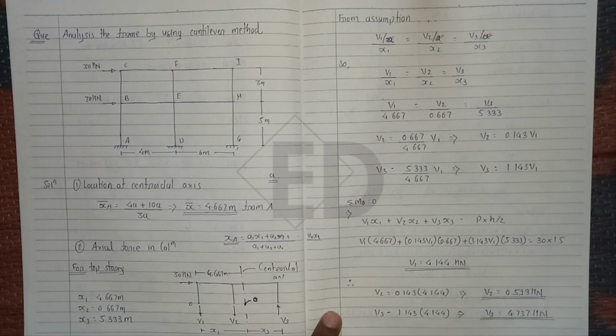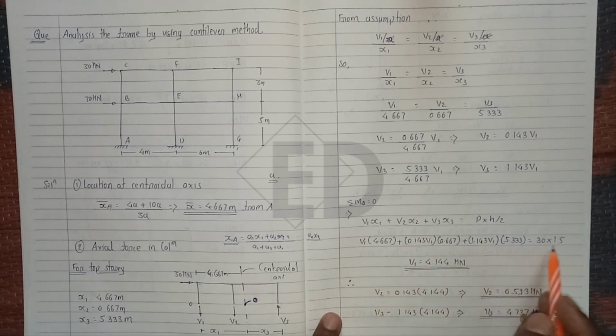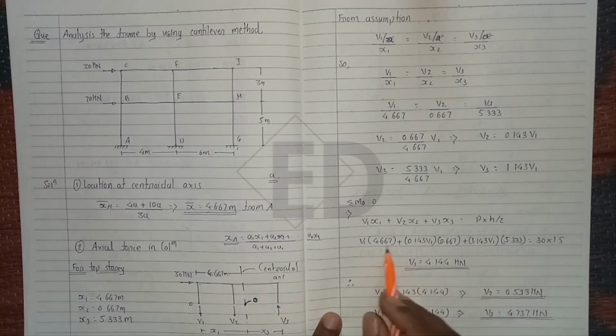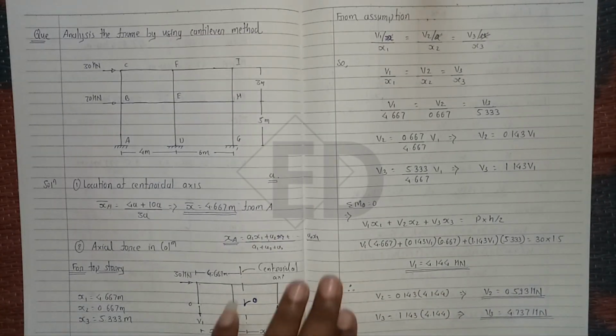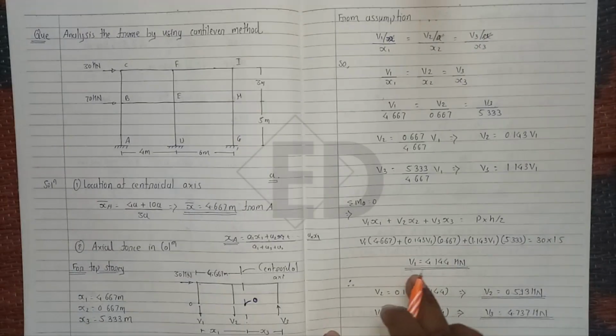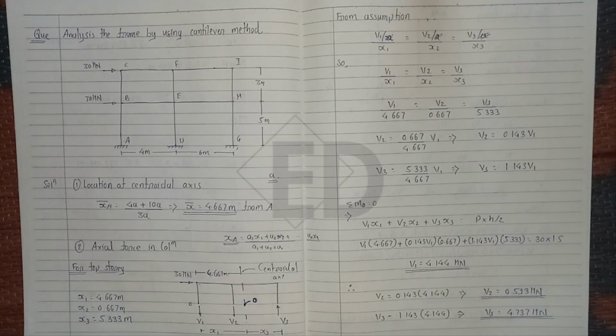Just put in all the values. You know x1, and we know v2 in terms of v1, so just put in all the values. Here we find that there is only one unknown, that is v1. So it is very easy for us to calculate the value of v1. So we get v1 equals 4.144 kilonewton.